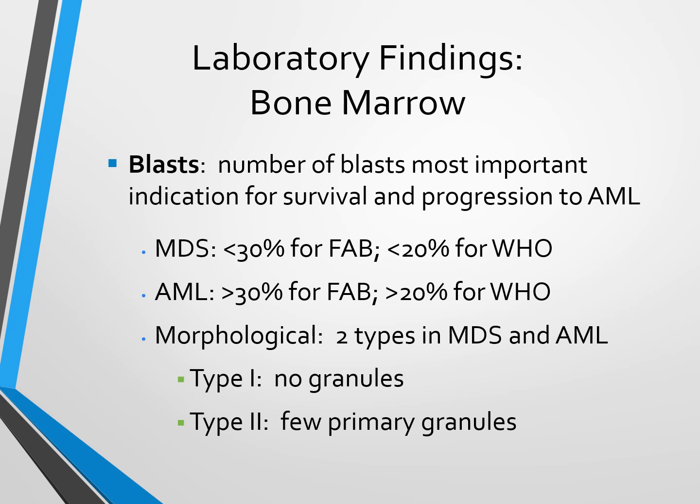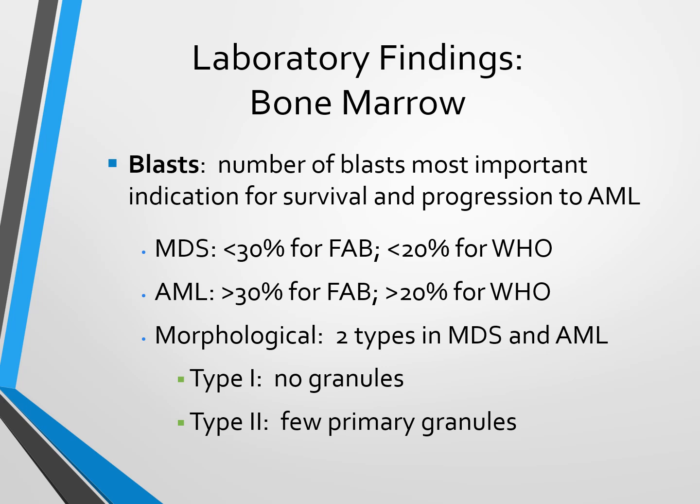So for myelodysplastic syndrome, we are going to have less than 30% blasts in the bone marrow for the French American British classification, and then less than 20% blasts in the bone marrow for the World Health Organization classification. In terms of transition into AML, once we reach that 30% for the FAB classification, greater than 30% is going to be that line that we draw in the sand, so 30% or greater, I guess.